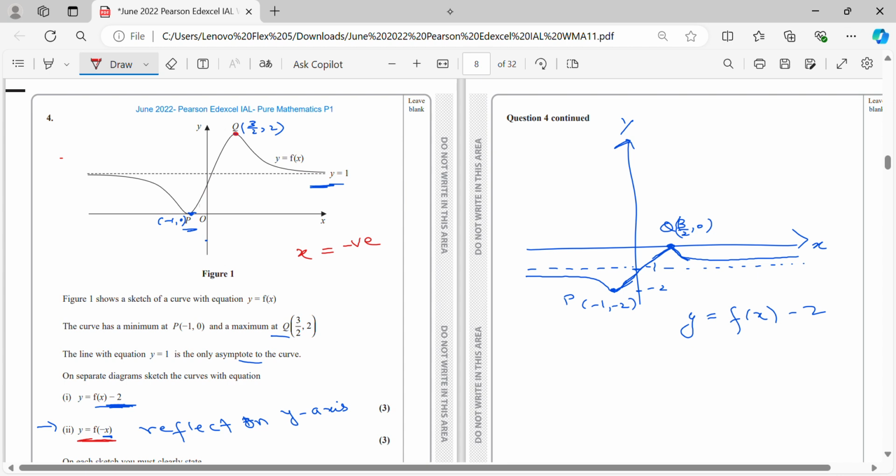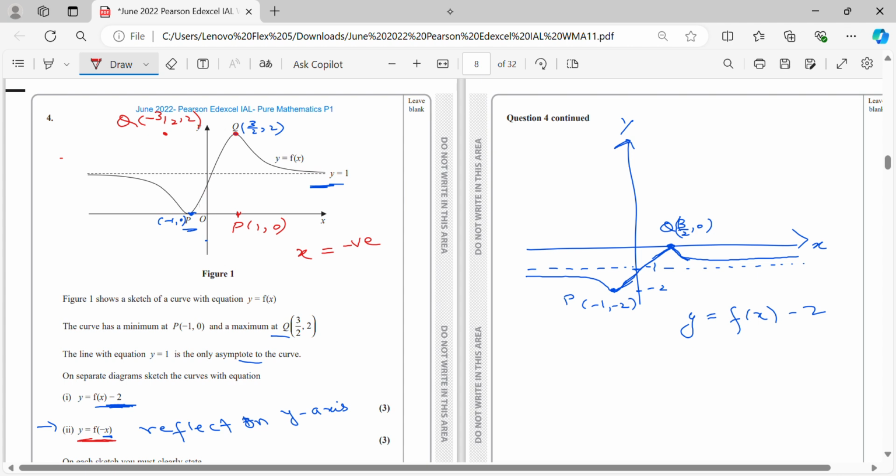So when I shift it here, it will be minus 3 over 2. So minus 3 over 2 will be somewhere here. So Q is minus 3 over 2 and 2. And the minimum point is P, and when I reflect on y-axis, this will go to this side, and P is 1 and 0.